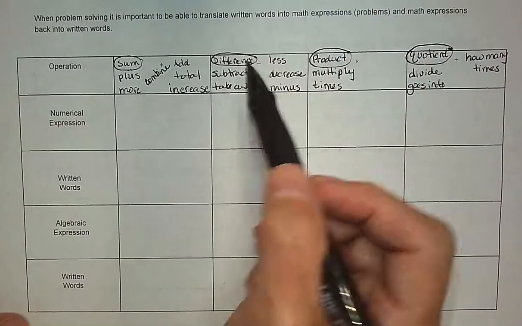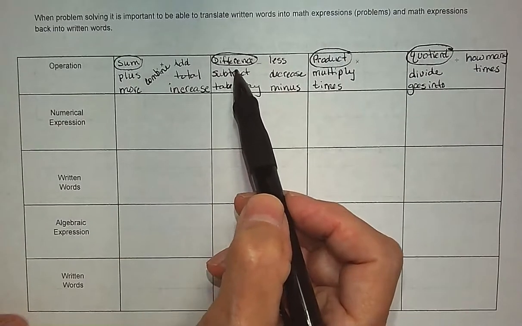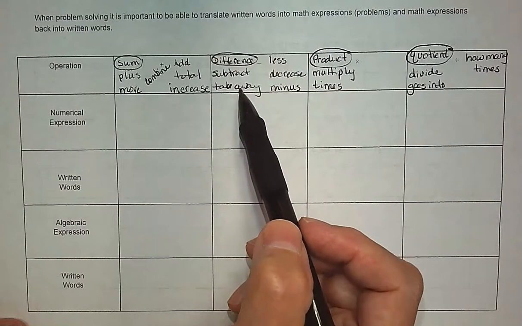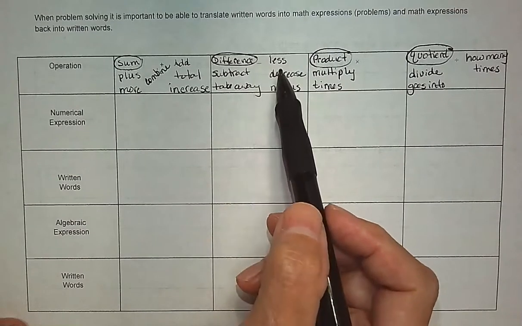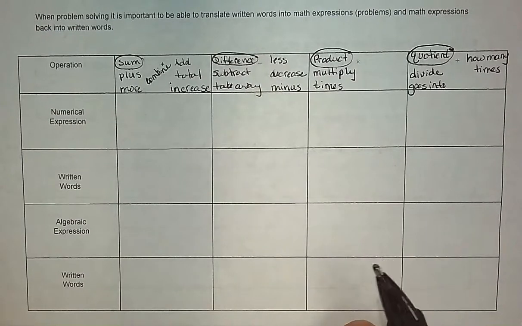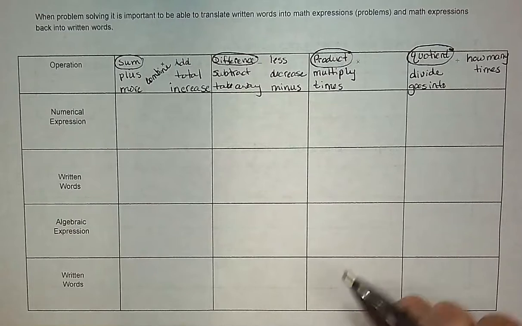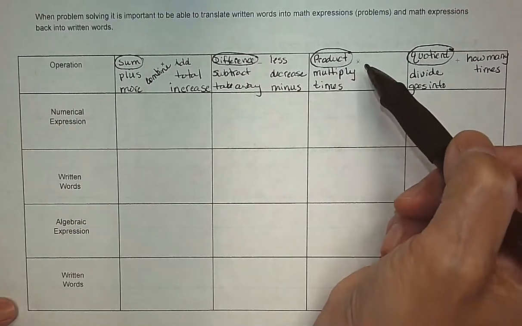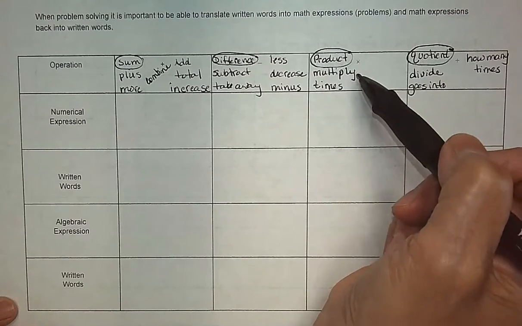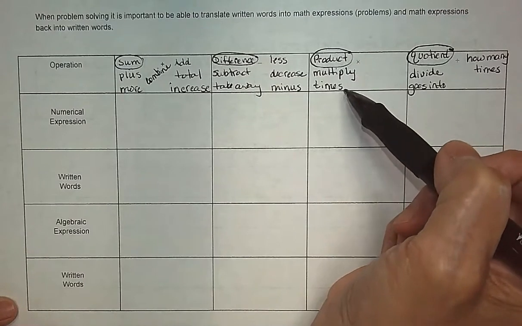For subtraction, the answer to a subtraction problem is called the difference. You might see words like subtract, take away, less or less than, decrease, minus. Again, these aren't all the possibilities, but they're some to get us started. For a multiplication problem, the answer to a multiplication problem is the product. Words you might see are multiply, times.